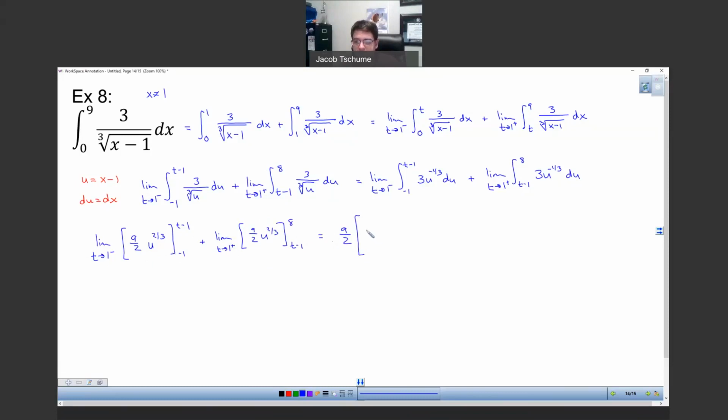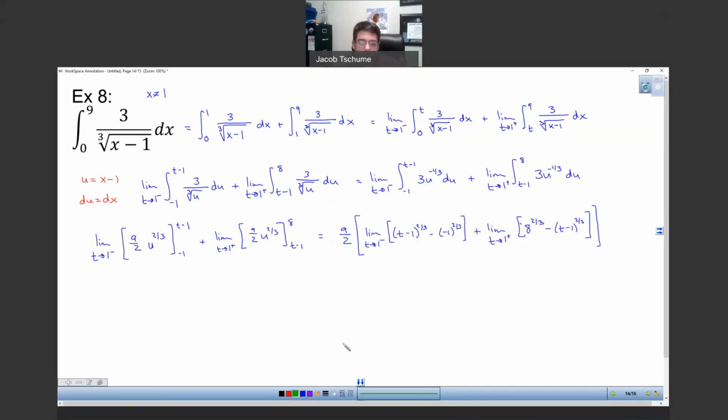That's going to give me the limit as t approaches 1 from the left of t minus 1 to the 2/3 minus negative 1 to the 2/3, plus the limit as t approaches 1 from the right of 8 to the 2/3 minus t minus 1 to the 2/3. And all of that's inside the same bracket.